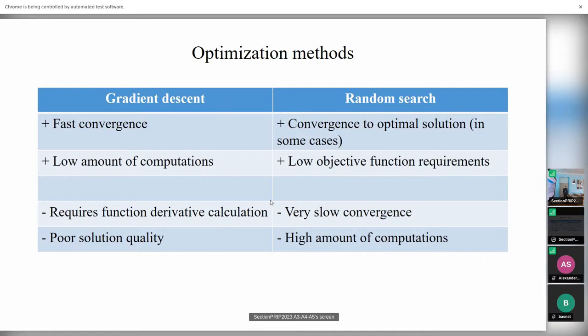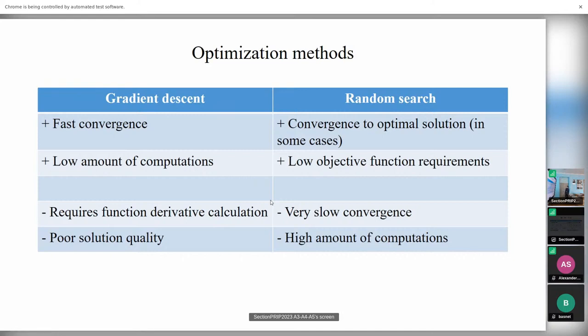And the second problem: when we develop, for example, security systems, where the quality of the obtained solution is critical, we can obtain a poor solution quality, which is not acceptable in this case. For example, we can get stuck in local minima, or we can stop at inflection points, and something like that, for any reason. So this method is not reliable in this situation.